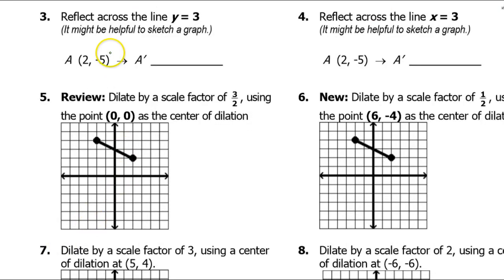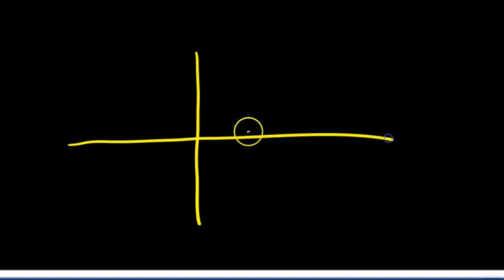Next, we need to reflect across the line y equals 3, and a sketch might be helpful. So y equals 3 is a horizontal line at 3. Let's do a quick sketch. Okay, so there is my y-axis and my x-axis.